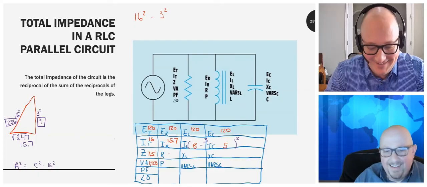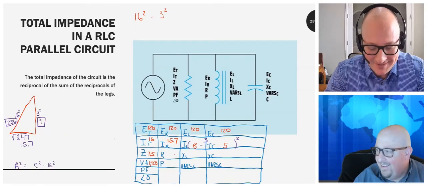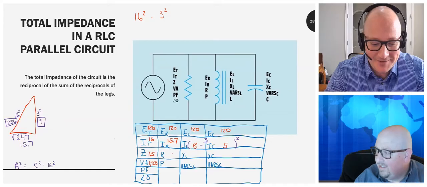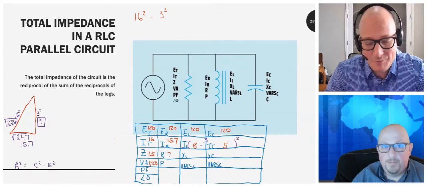Total resistance, 120 volts over 15.7 amperes of current, or the resistance is 7.64.